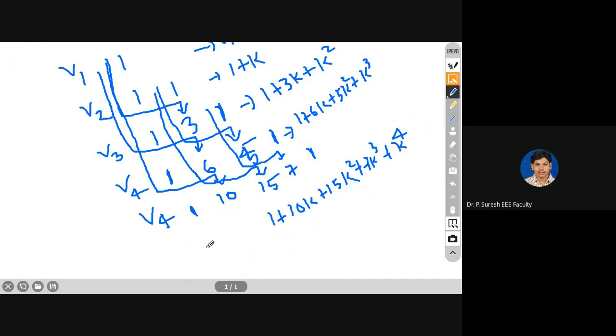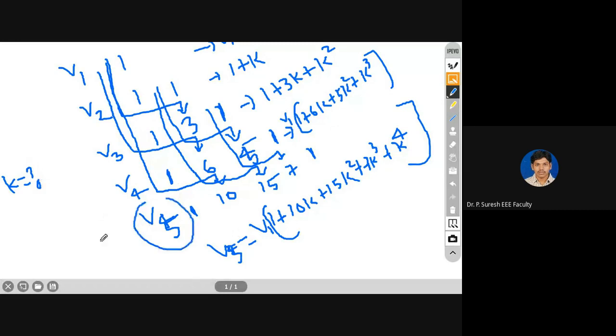Yes or no? This V4 is nothing but V1 into this. Sorry, is this V5 or V4? V5. So like that, V5 is nothing but V1 into this value. My question is clear. They will give the K value, and I need to find what is V5.